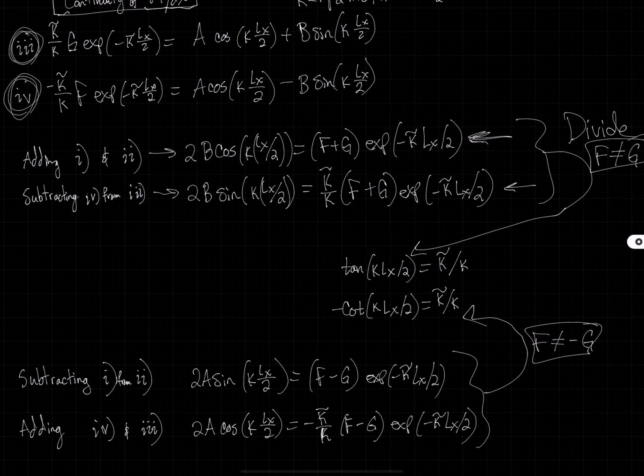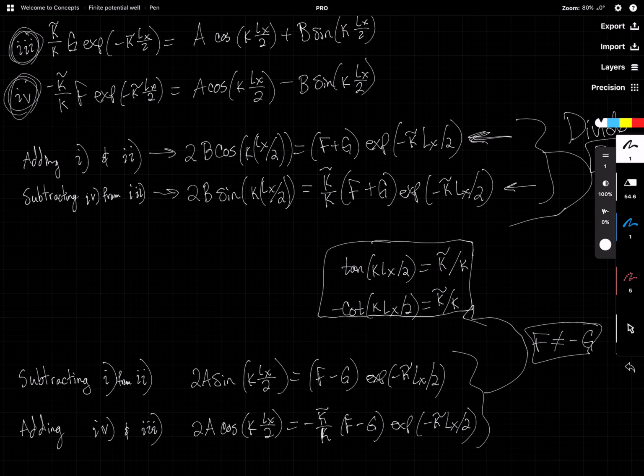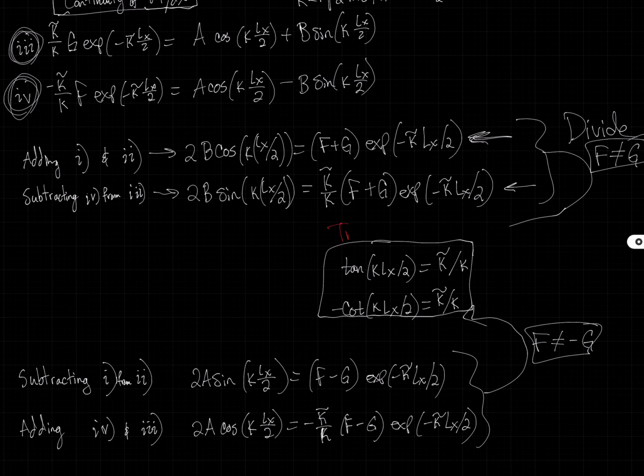All right, so we have these two expressions, and this actually brings us to our particular solution, believe it or not. This may not seem obvious at first, but it is, because we have a transcendental equation.